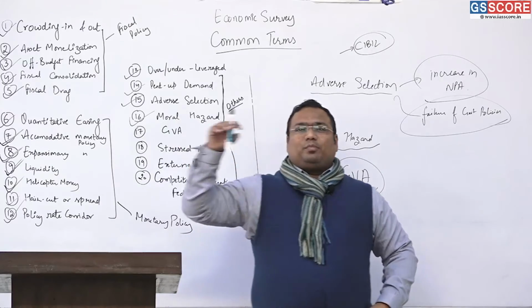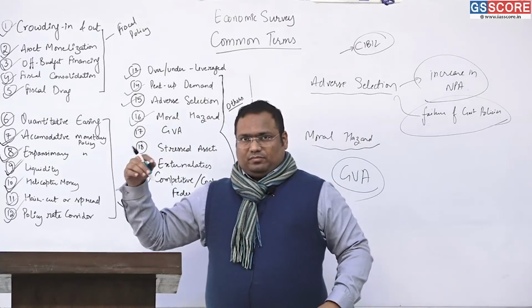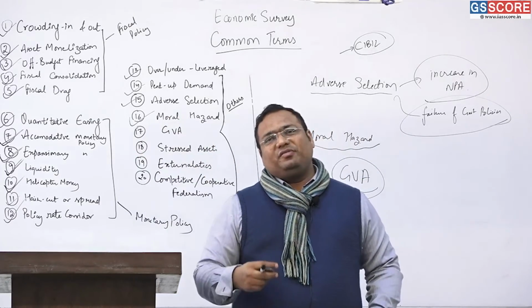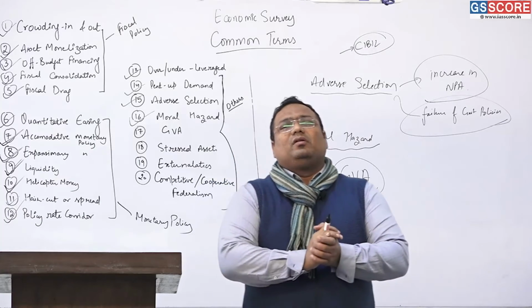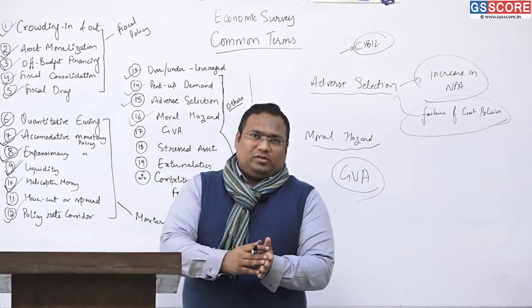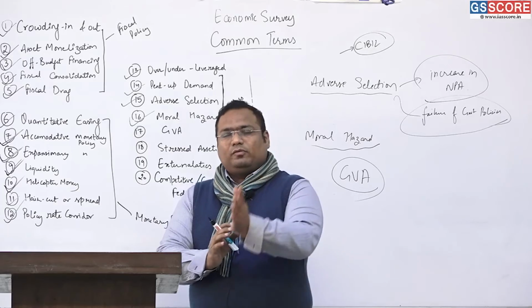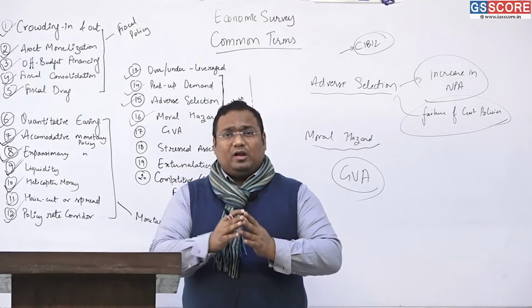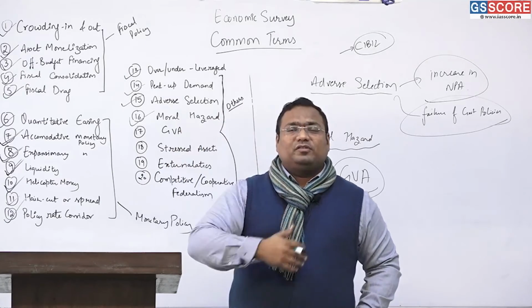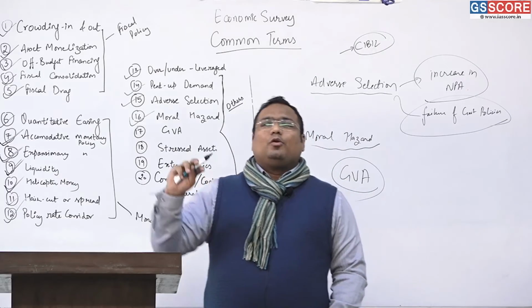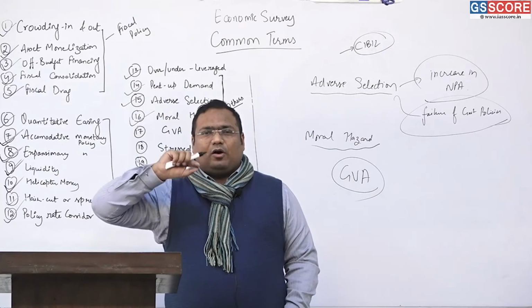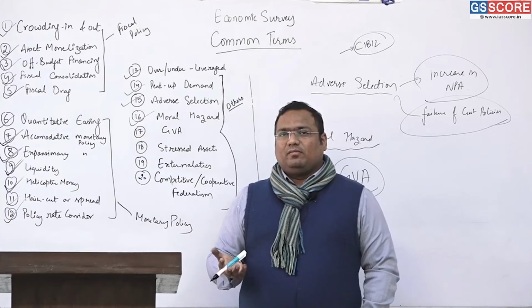But Infosys is part of the IT industry, so the IT industry also has its GVA, gross value addition. Infosys is a firm which is part of an industry, the IT industry, and the IT industry is part of the service sector. So for any of the units of the economy, we can use the term GVA.